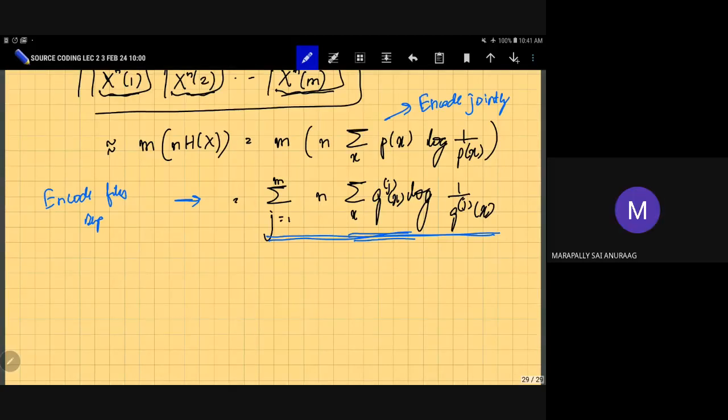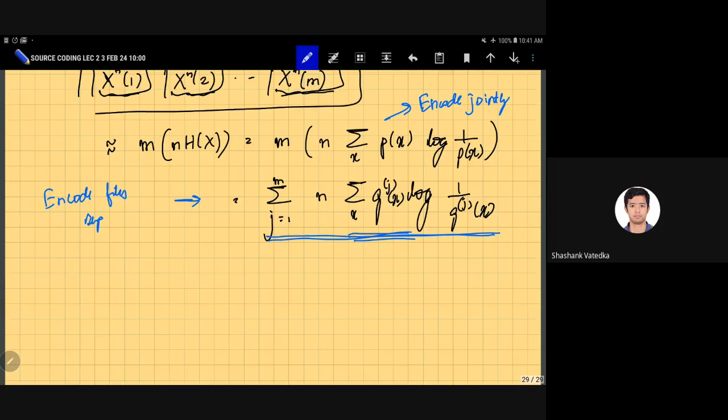Assuming q of x as p of x would be better. So we always assume that q of x equals p of x. But the point I'm trying to make is that choosing q of x equal to p of x and then designing it would in fact not be optimal.